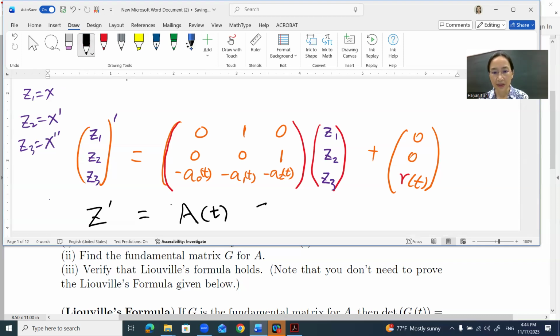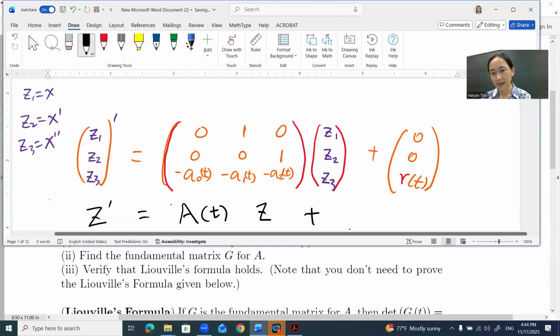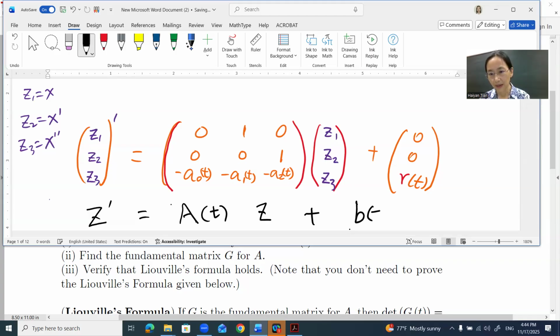And then times the z vector plus the right-hand side. This is another vector, which is denoted by b, that can also depend on t, because this r can depend on t.